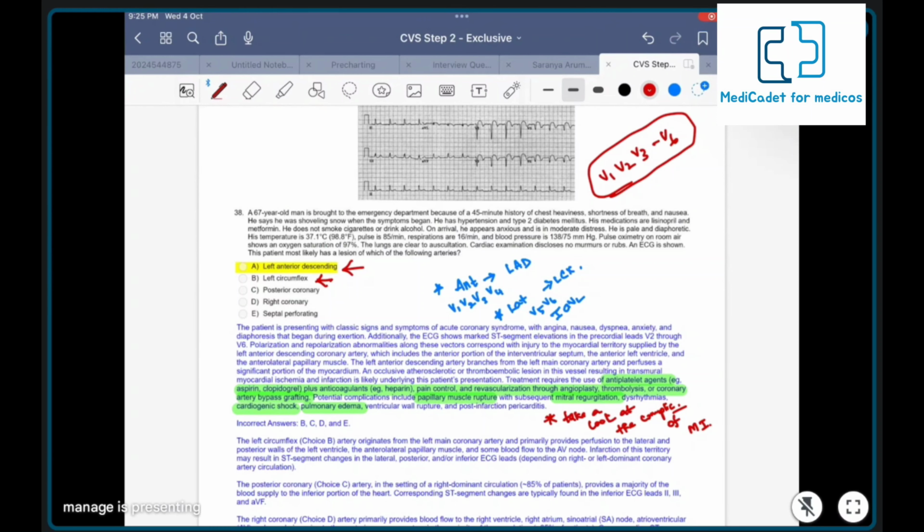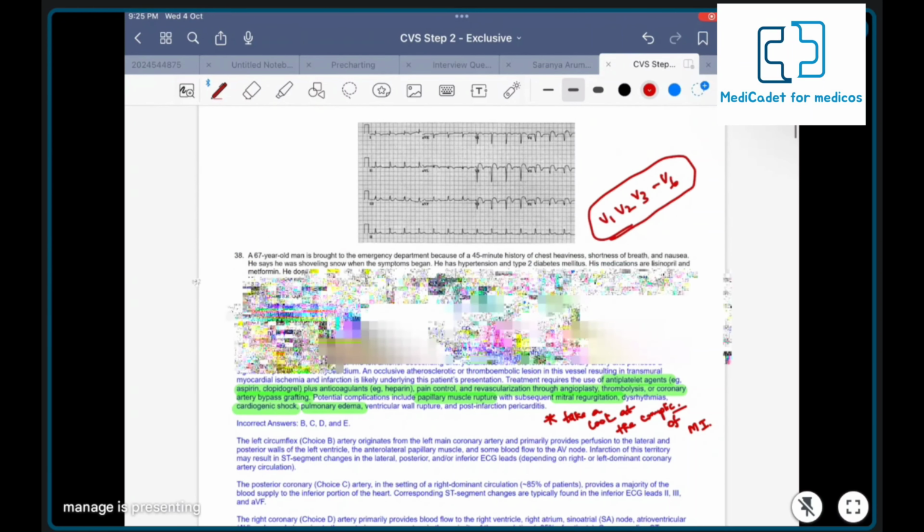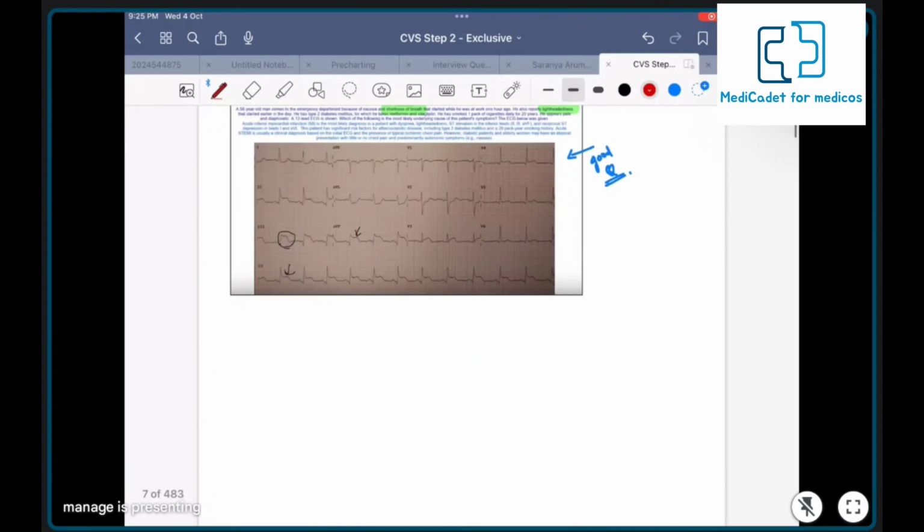But the way you differentiate is to see whether the patient is having V1, V2, V3, V4. If the anterior leads are affected, it's definitely LAD. It doesn't matter whether the lateral leads are affected or not. If the lateral leads are affected, see if the anterior leads are also affected. If they are, you go for LAD. If only the lateral leads are affected, that is only V5, V6, I and aVL, then you go for the left circumflex. You got it? So that is the way you answer this question if they ask.